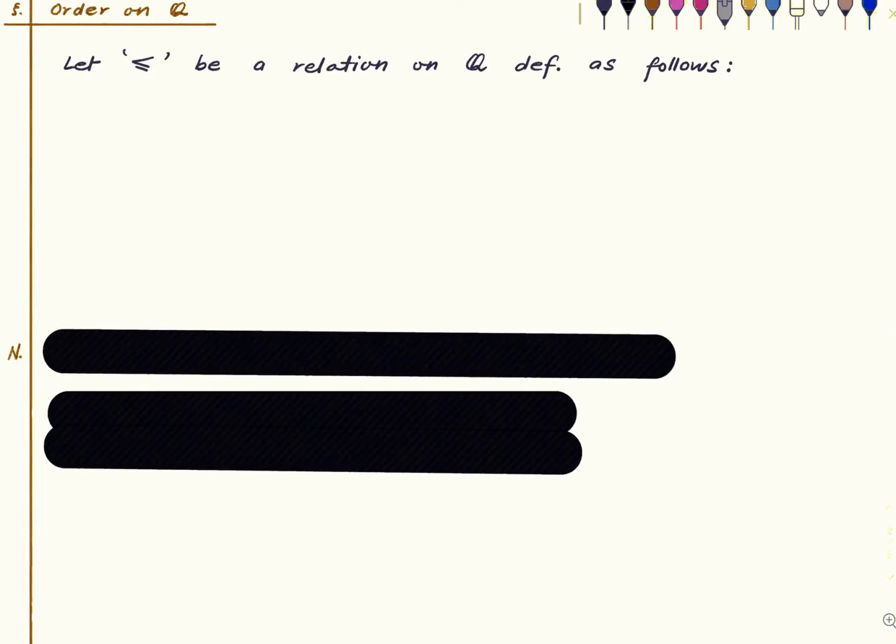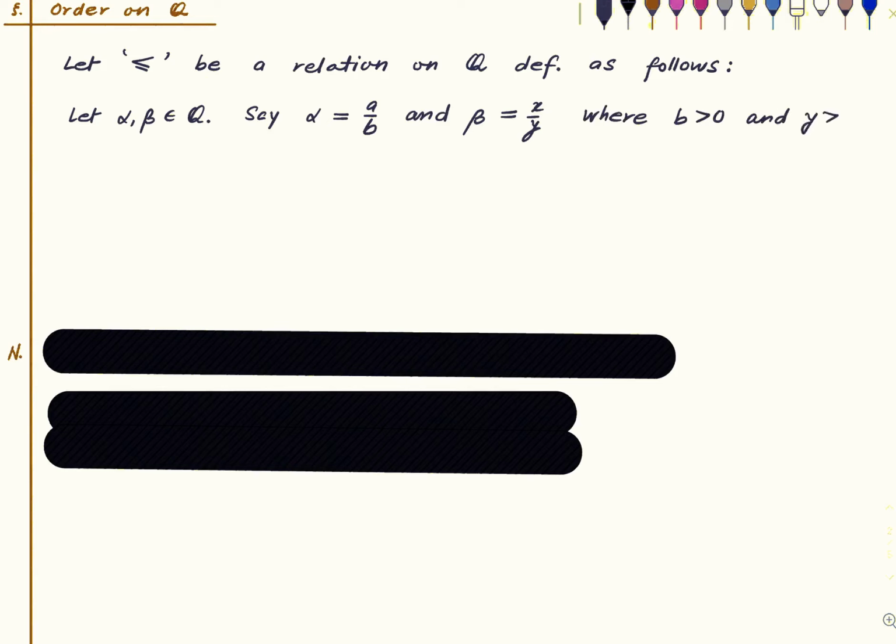So we will define an ordering on Q, meaning a partial order on Q, which will turn out to be a total order. How do we do that? Let alpha and beta be in Q, say alpha is equal to A by B and beta is equal to X by Y, where B is positive and Y is positive.